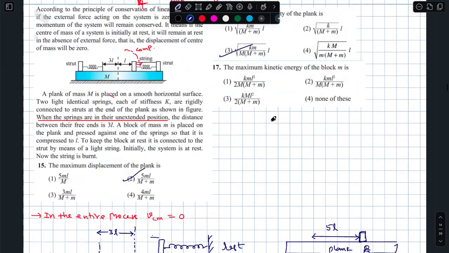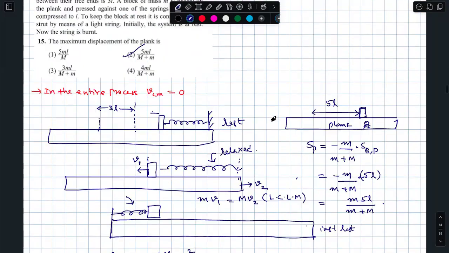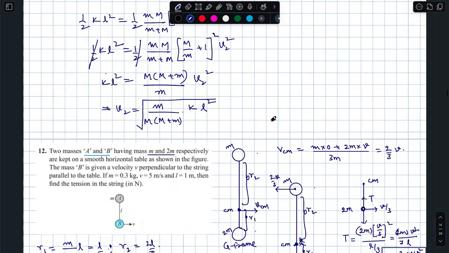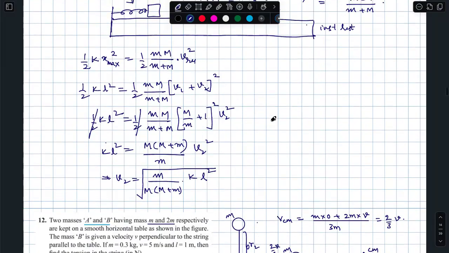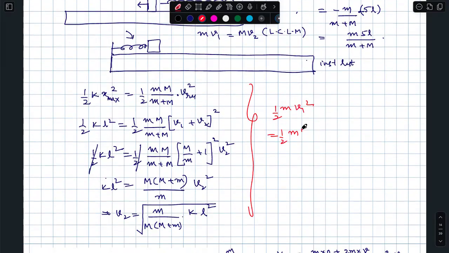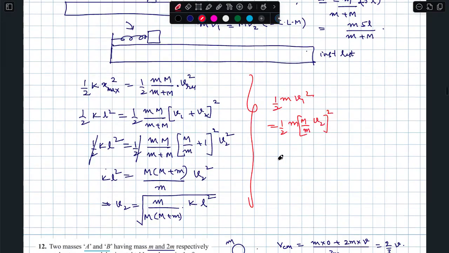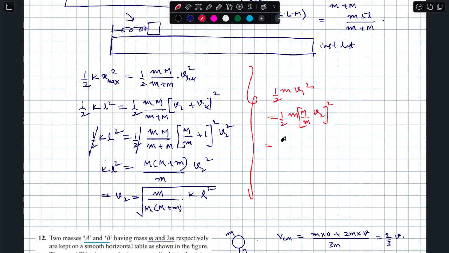The maximum kinetic energy of the block small m is half m V1 square. Once you have V2, you can find V1. I'm changing the color by the way. So you want half m V1 square. By the way, what is V1? V1 is capital M by small m V2 whole square. So this will become half m square by small m times V2 square.